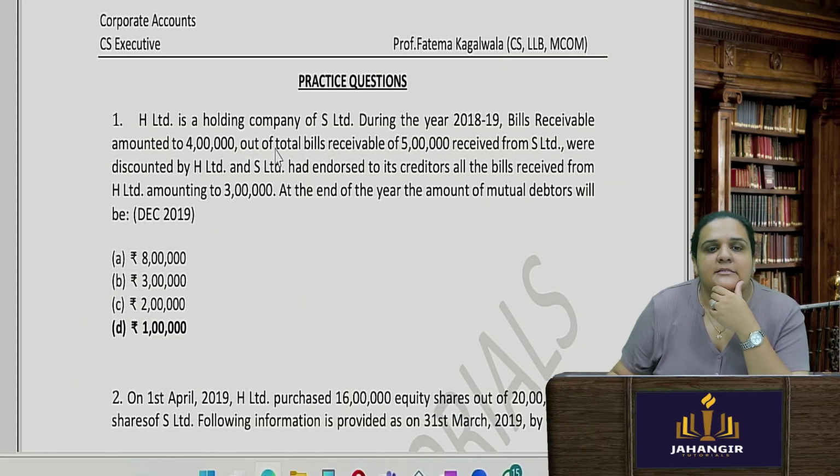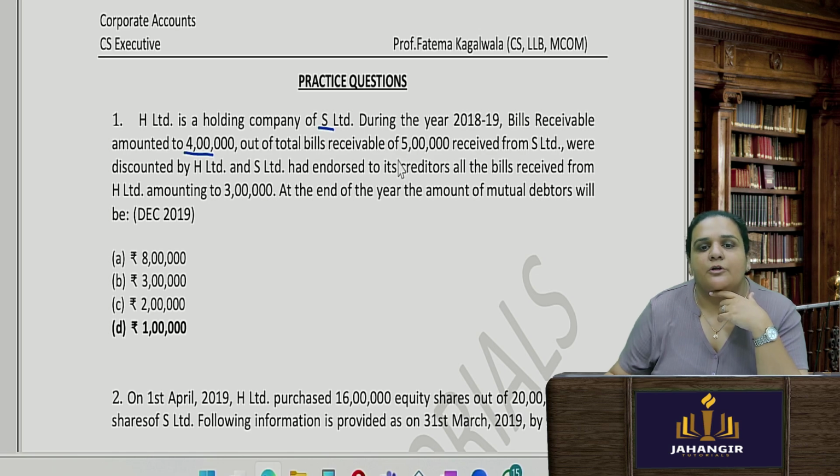H Limited is a holding company of S Limited. During the year 18-19, bills receivable amounted to 5 lakhs. Out of the total bills of 5 lakhs received from S, 4 lakhs were discounted by H. Understand? Okay. H Limited had received bills receivable from S. How many in total? 5.